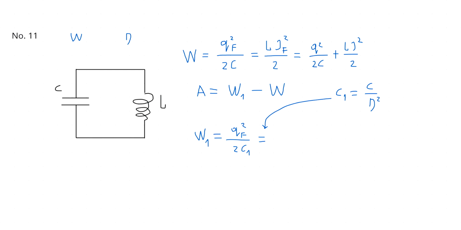So we will get eta to the power of 2 QF to the power of 2 divided by 2C. And it will be equal, according to this formula, to eta to the power of 2 double V.